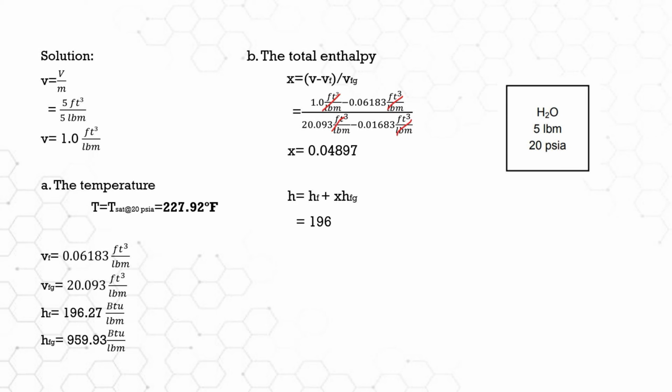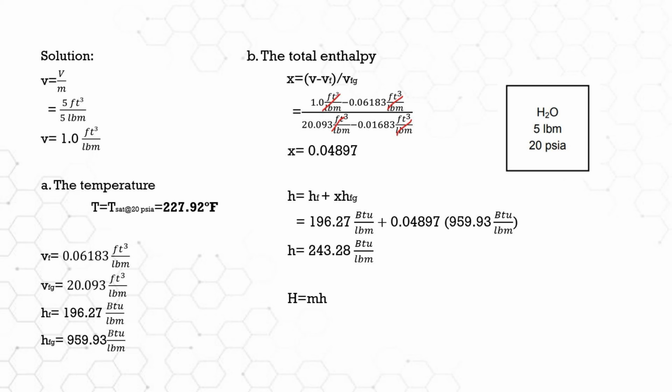So plug in the values, we have 196.27 British thermal unit per pound mass plus 0.04897 multiplied by 959.93 British thermal unit per pound mass, we have 243.28 British thermal unit per pound mass as our specific enthalpy.